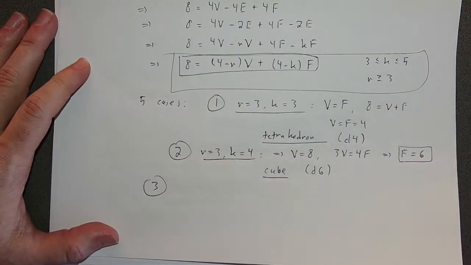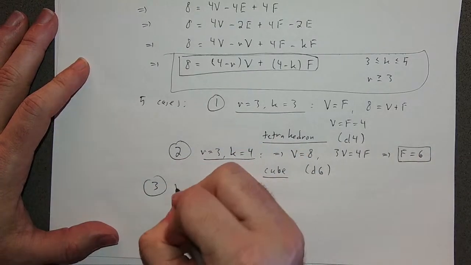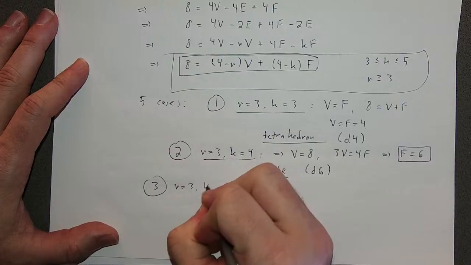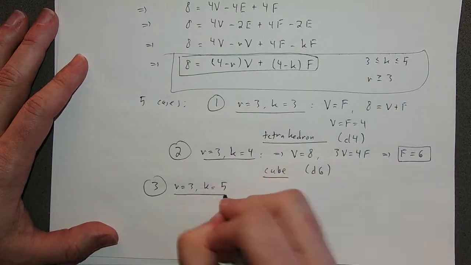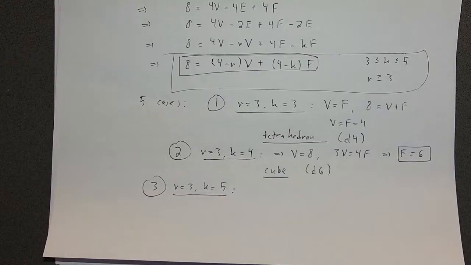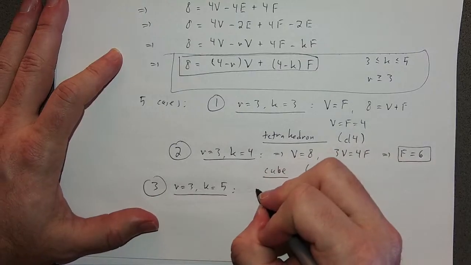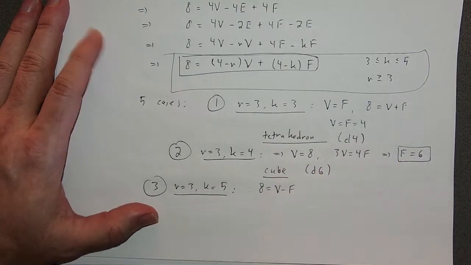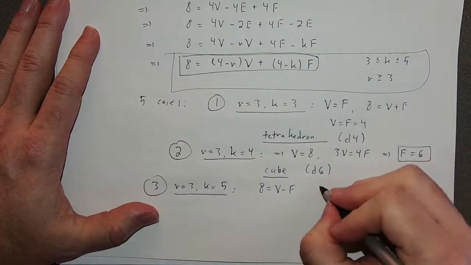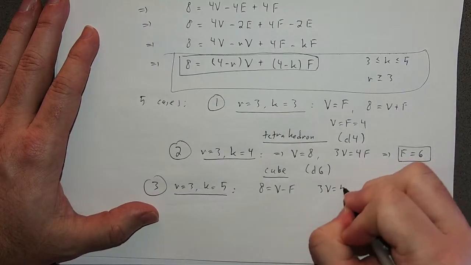Similarly, in case 3, if r is 3 and k is 5, so here the number of edges bordering a face is 5, so the faces have to be pentagons. In this case, 8 is v minus f, and 3v is equal to 5f.